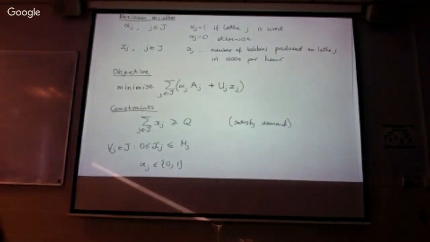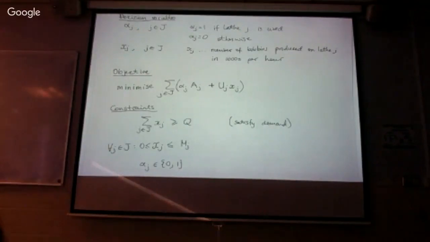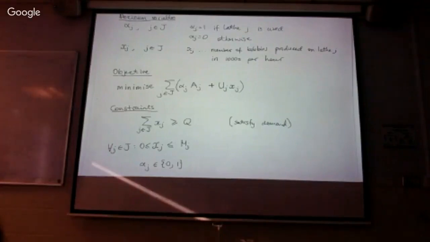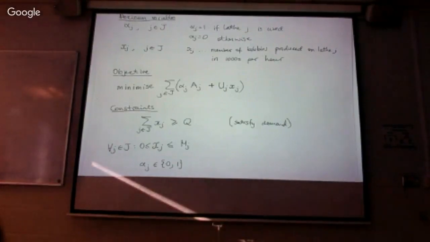I know exactly what the value of each alpha is going to be in the optimal solution. It's going to be 0 for all of them, because there's nothing stopping you putting your xj to something positive without putting the alpha to 1.